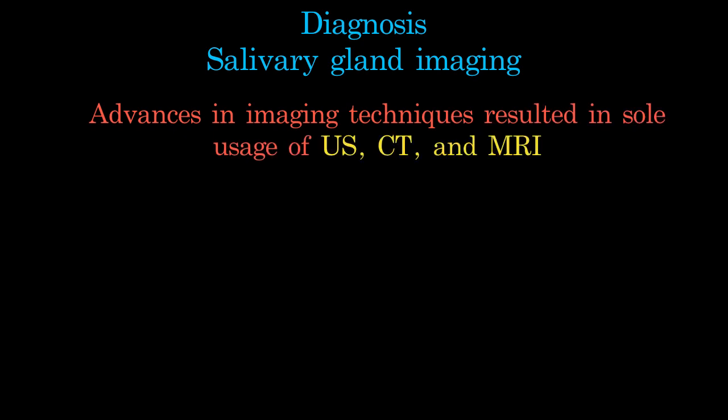Now we're done with the clinical examination, with the history taking, and with the patient complaint. Let's start with the special investigations that we might need to diagnose the salivary gland condition the patient is having. I want to make a deal with you.